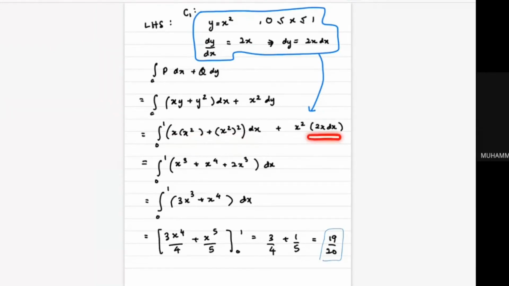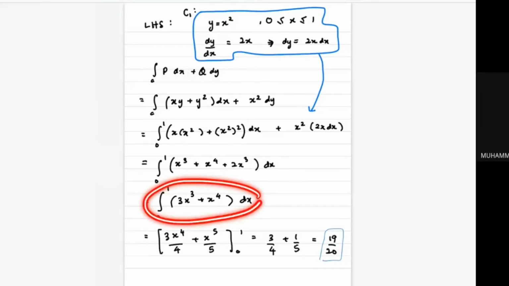And dy here will become 2x dx. So you will get only x parameter, no more y in your equation here. All x parameter. After you get this, simplify this, then you can solve this integration.